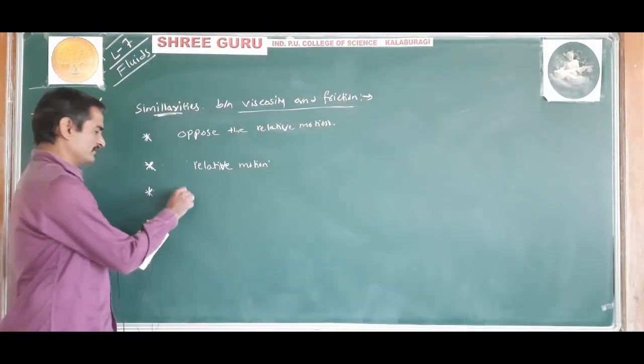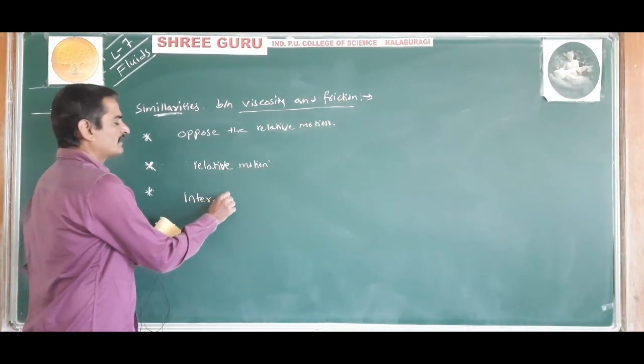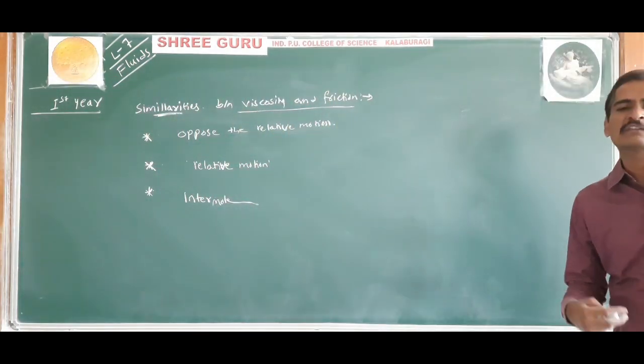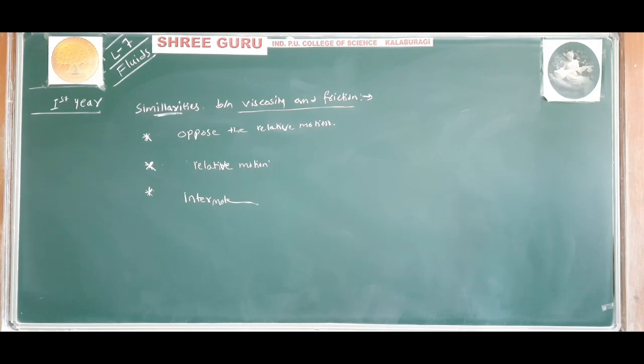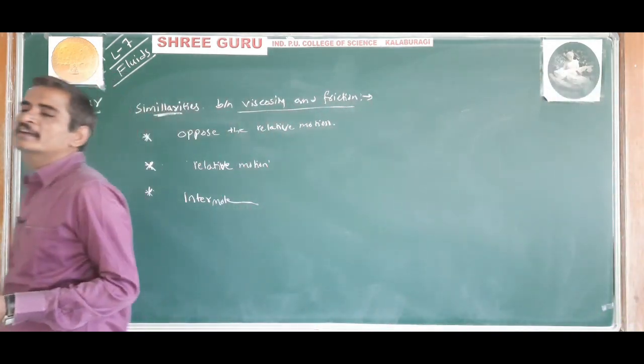Understood? And next point, similarities between viscosity and friction: both viscosity and solid friction are due to intermolecular interactions. So the property of viscosity or friction arises due to the intermolecular interactions.